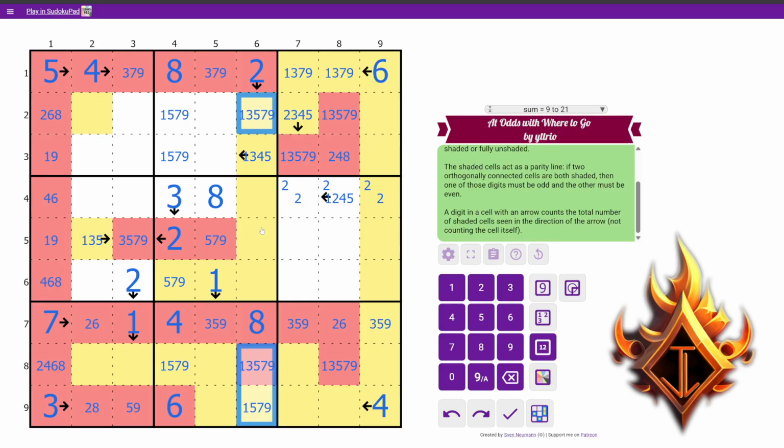Right, because 4 and 6 are going to be in here. So this takes 4 out of there. So this is 1, 3, or 5. Which is odd, which is no big deal. Because it is on a yellow. Okay.